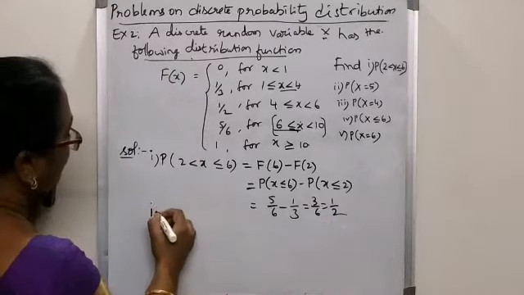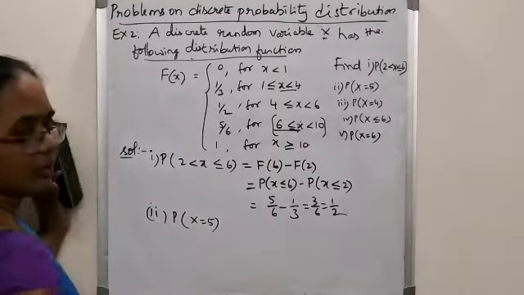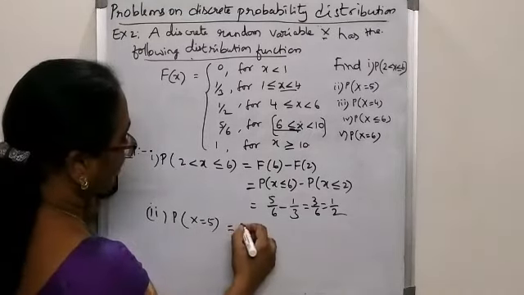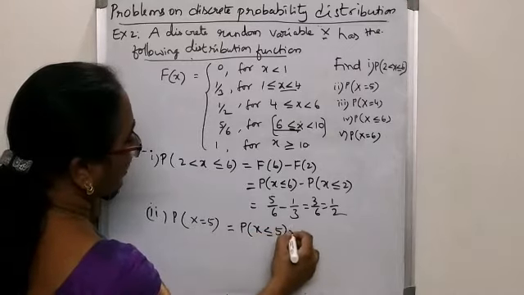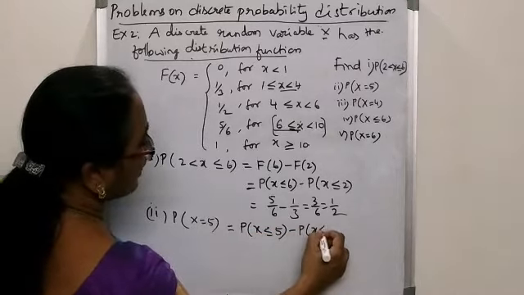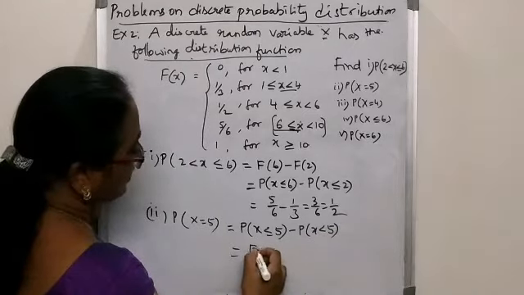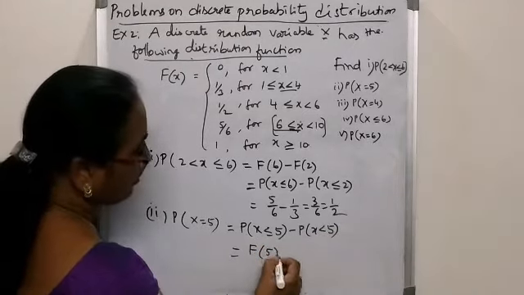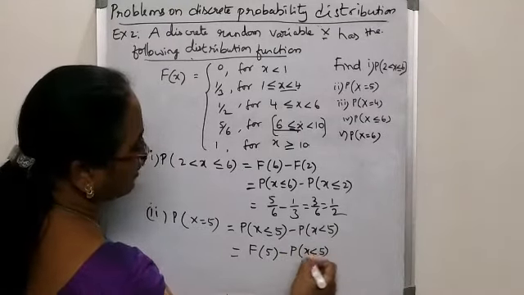The next is the value of P of x equal to 5. This can be written as P of x less than or equal to 5 minus P of x less than 5. P of x less than or equal to 5 is f of 5, and P of x less than 5 we keep as it is.